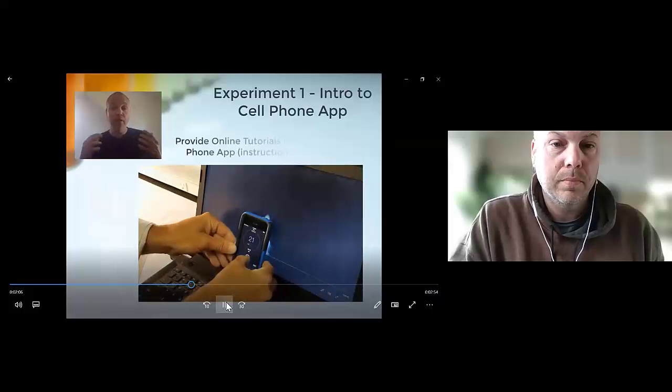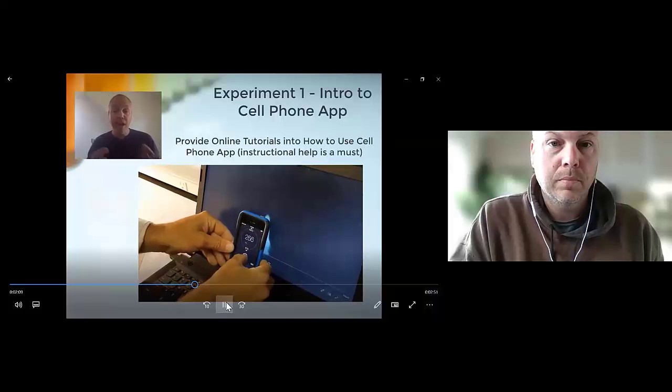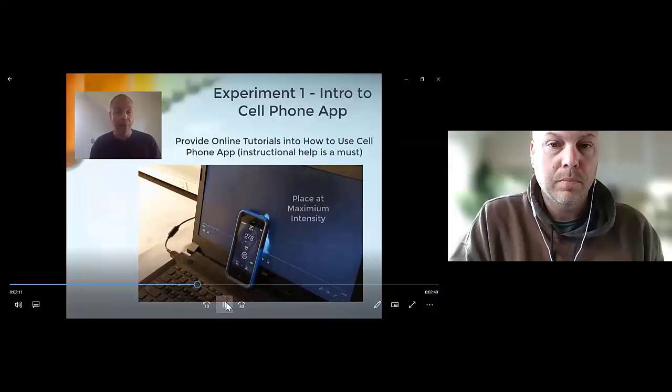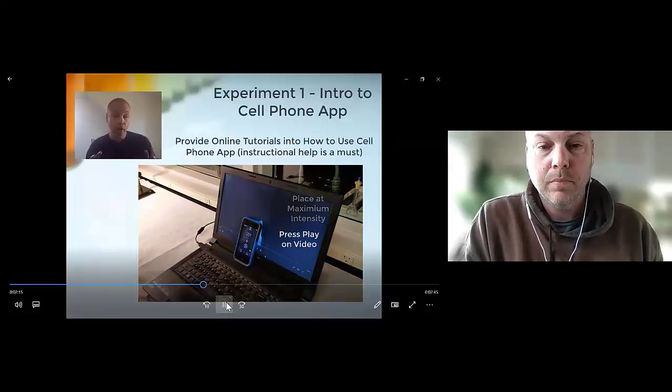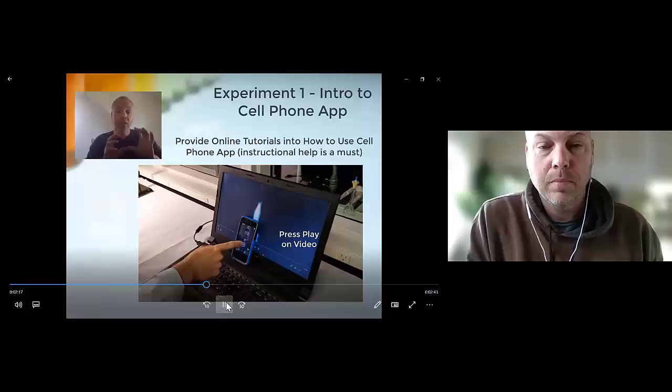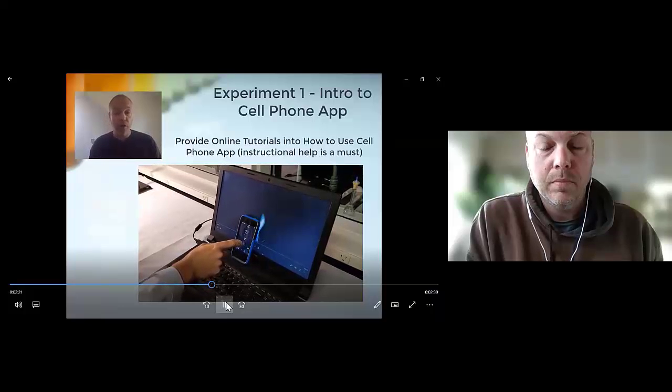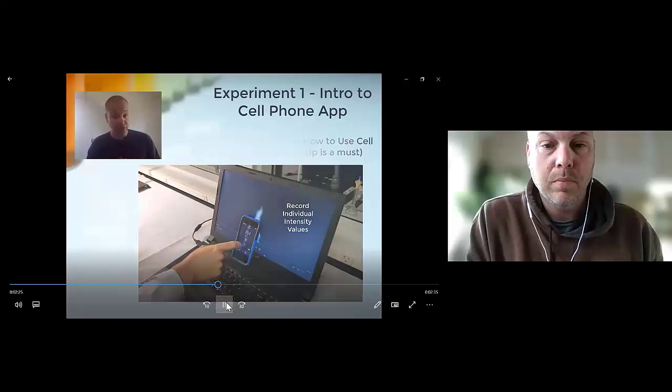Following this, we provided online tutorials for students how to actually use these LuxMeter apps on their cell phones at home. Students were provided tutorials on how to optimize and align their cell phone LuxMeter sensor with either a video that was provided online or images.